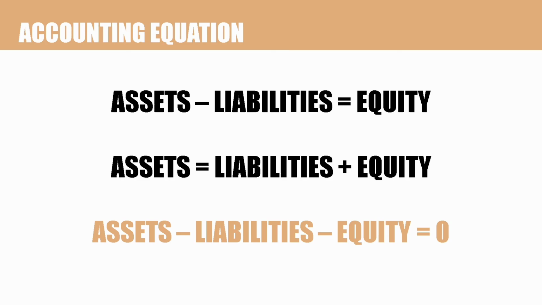Nag-equal siya sa 0 because minus natin yung equity natin from our assets, kung saan minus na natin yung ating liabilities from it. So, ang natira na lang ay 0. Wala nang natirang resources because equity is our residual resources o yung natirang resources. Kaya, kung tatanggalin din natin to, 0 na yung kalalabasan.